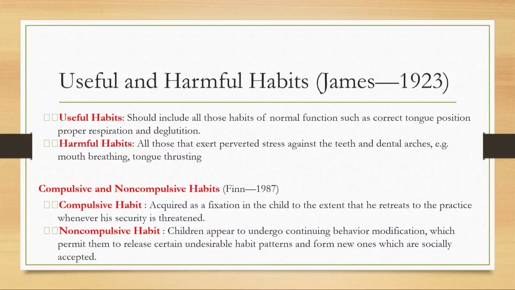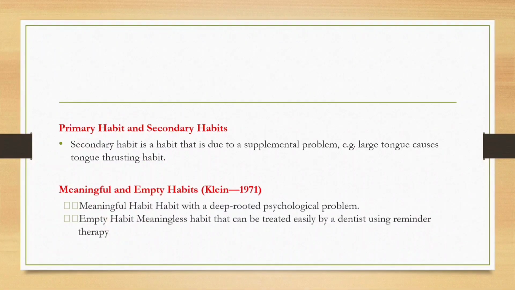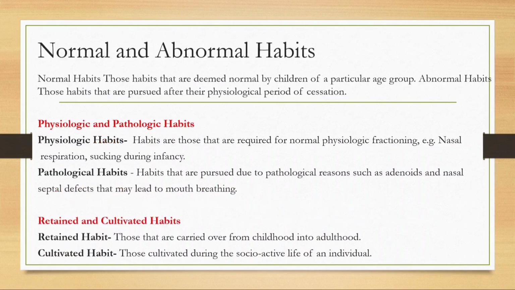Compulsive is based on security threat, and non-compulsive is the socially accepted one. Primary habits are normal habits, whereas secondary habits are due to a supplemental problem, like a large tongue which causes a tongue thrusting habit. Meaningful and empty habits: meaningful ones come with a deep-rooted psychological problem, whereas empty ones are meaningless and can be treated easily by a dentist using reminder therapy.